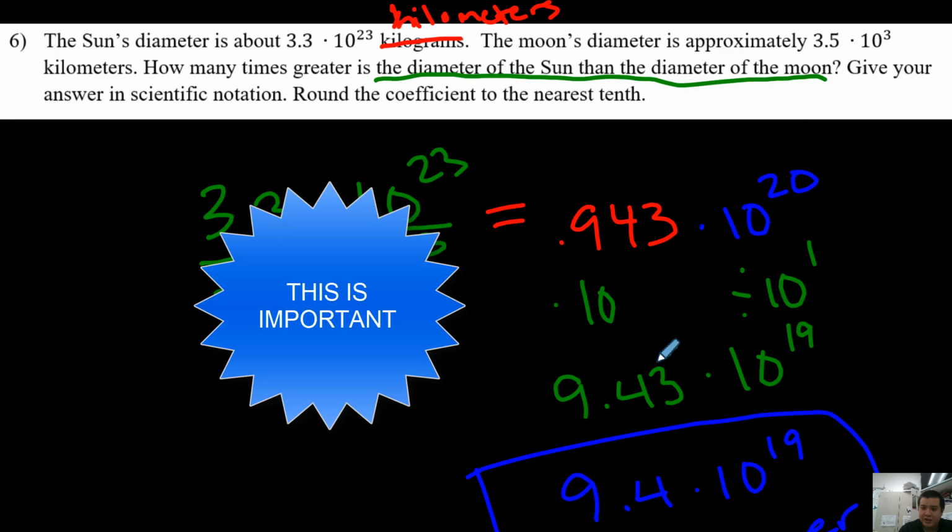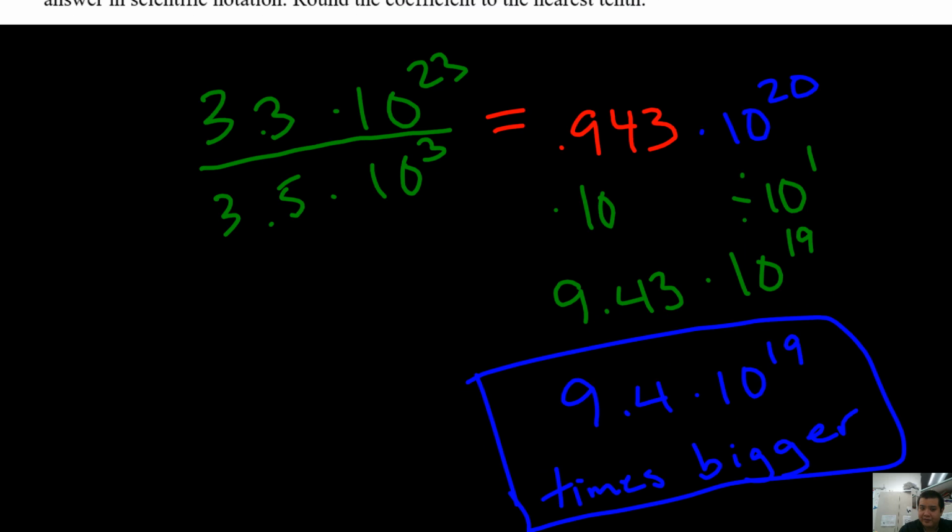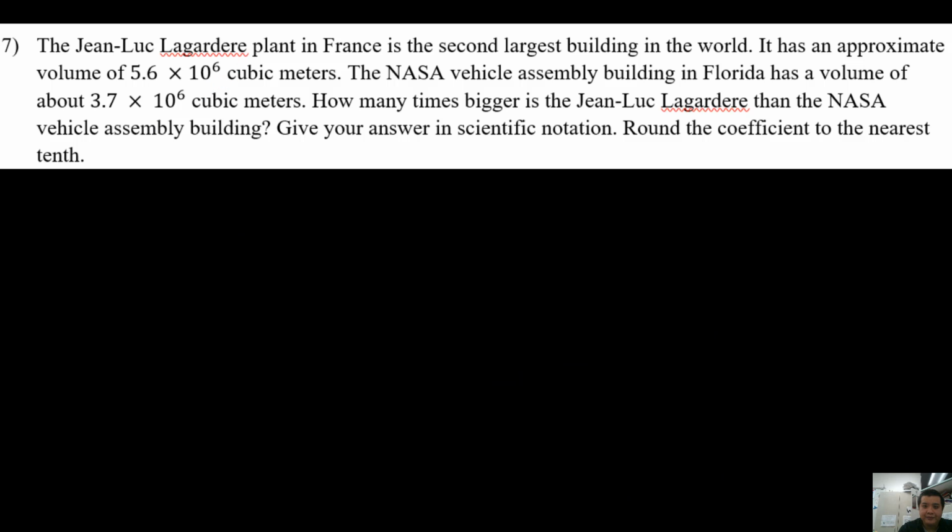So I get some extra digits so that I can round once I get my final answer. Make sure that if the coefficient is not good for scientific notation, you write some extra digits so that you can round your final answer at the end. Go ahead and try the last two on your own.